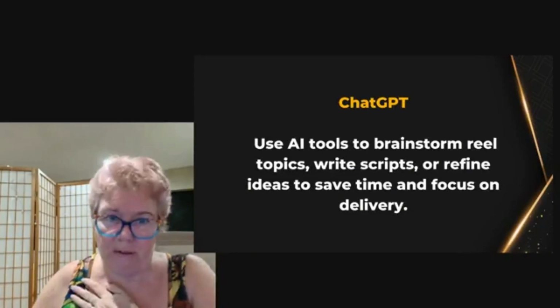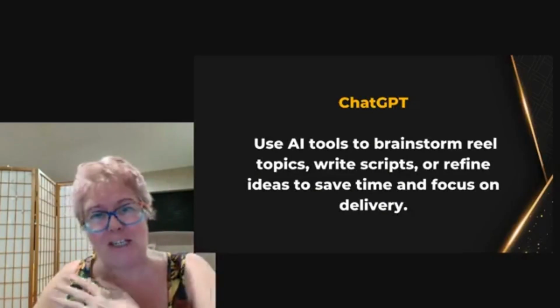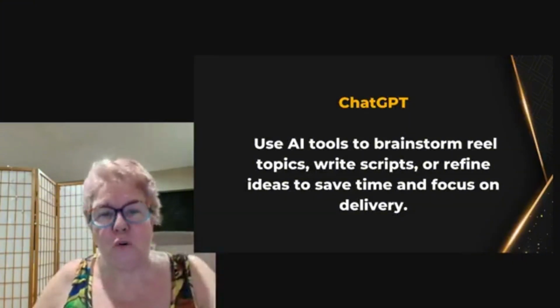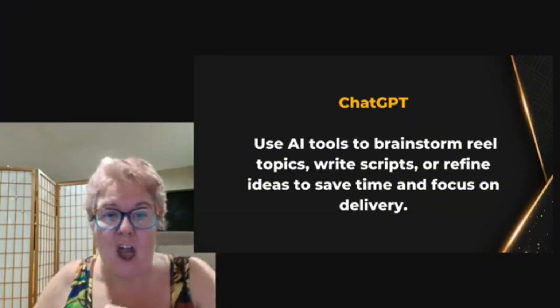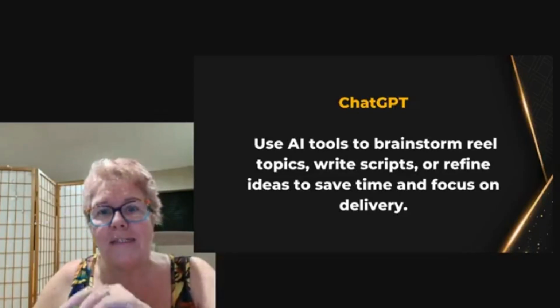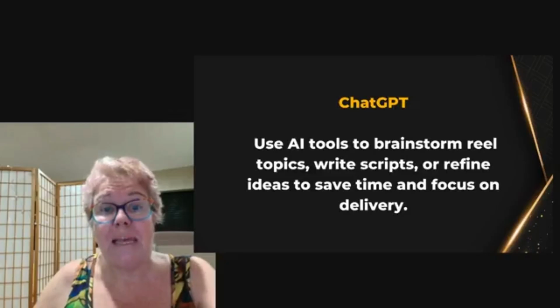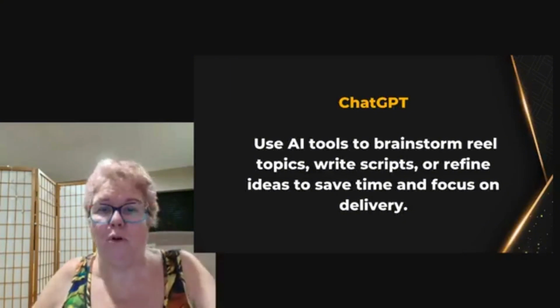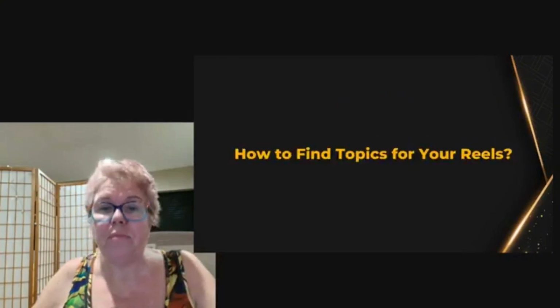ChatGPT is my best friend at the moment until I find something else that I like better. But you need to talk to it like it's a human, not like it's a robot. So you find your topics, you type your topic into ChatGPT and ask it to refine it and make it more personal, make it more you.